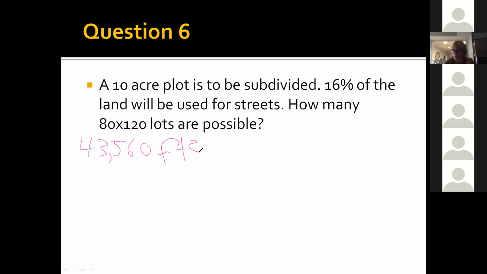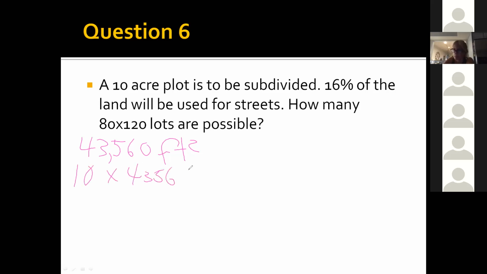So we have a 10-acre plot. So that means 10 times 43,560. And you shouldn't need your calculator for this because all you do when you multiply by 10 is add an extra 0 on the back.